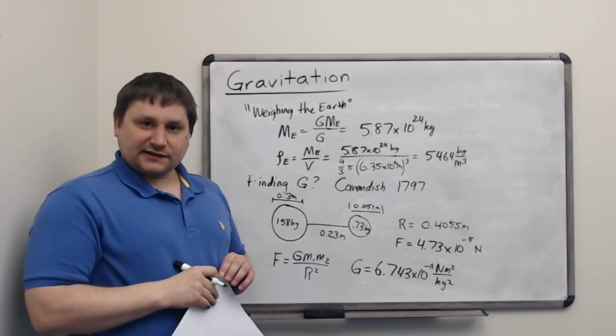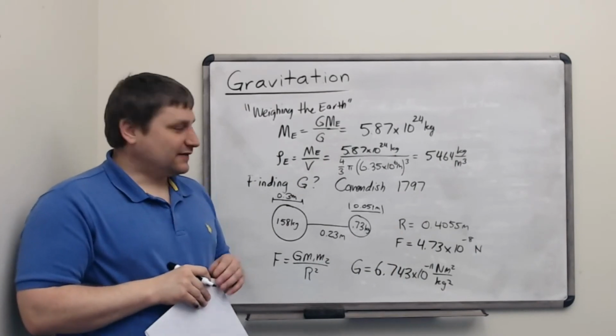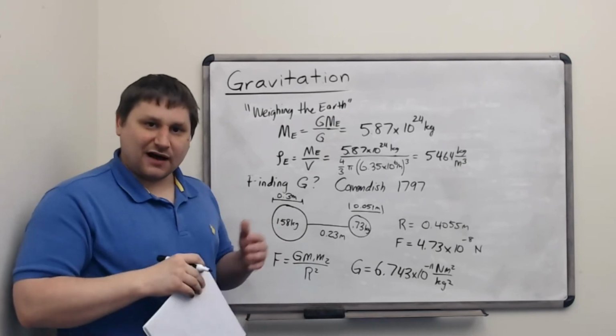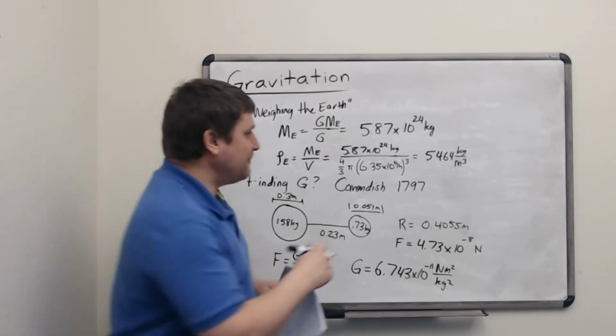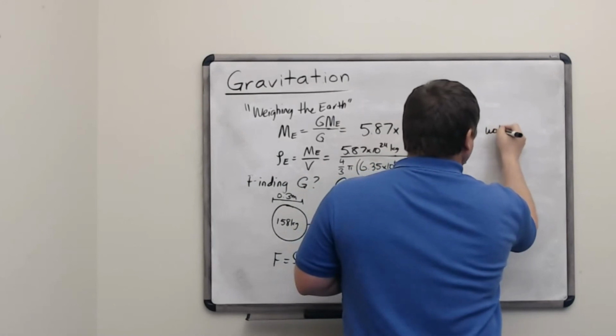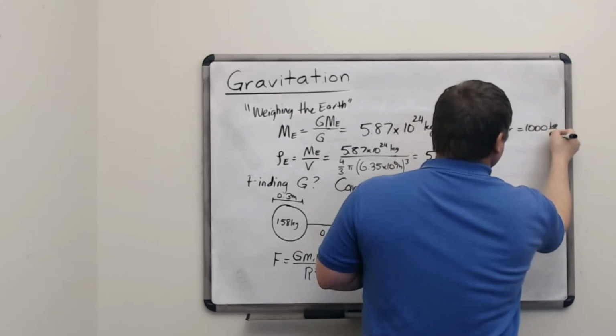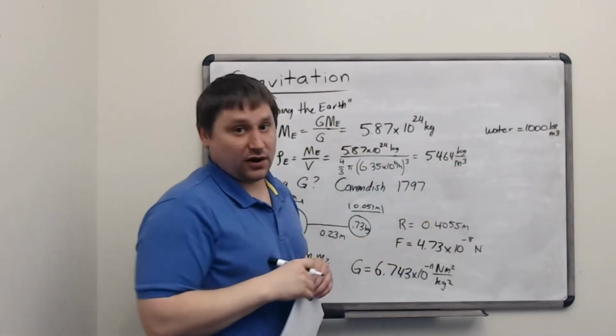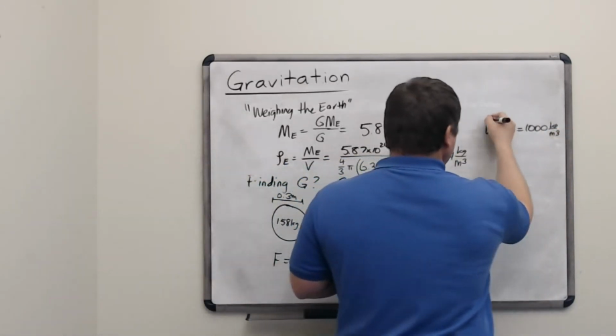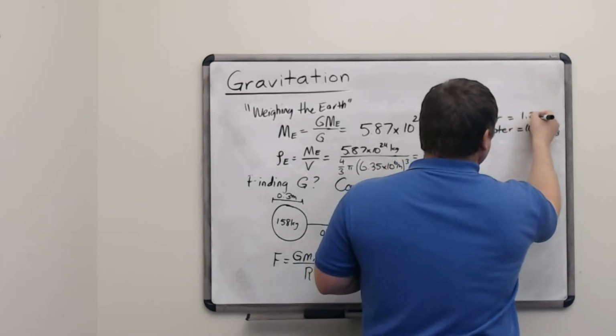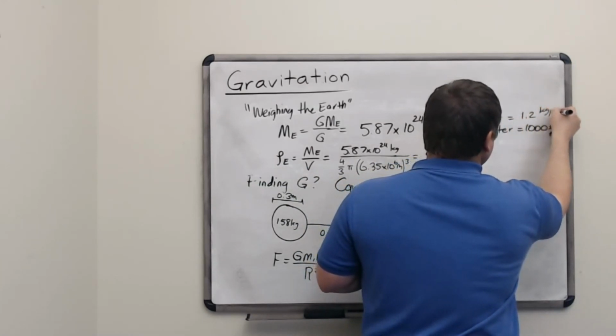What substances do we have on the surface of the Earth that we can easily measure the density of? Well, we have water, which is about 1,000 kilograms per meter cubed. So the Earth is denser than water. We have air, which is about 1.2 kilograms per meter cubed.